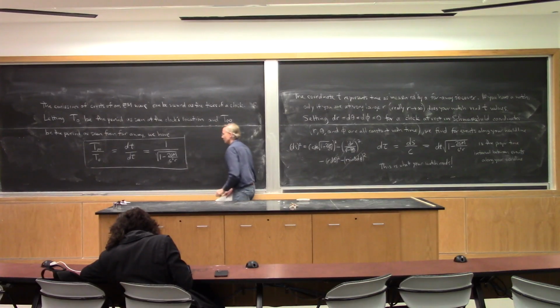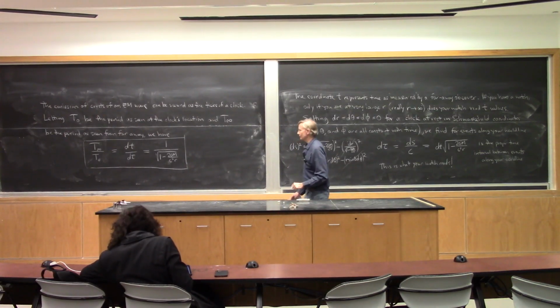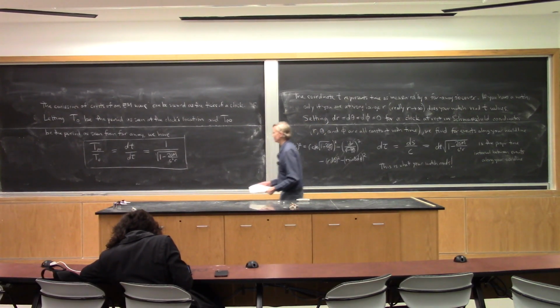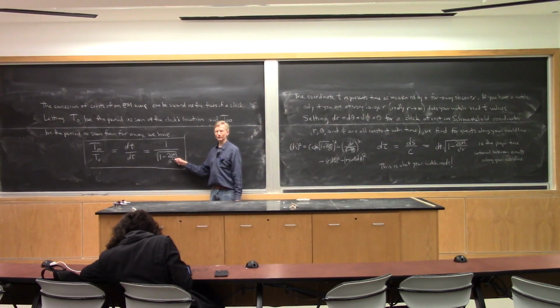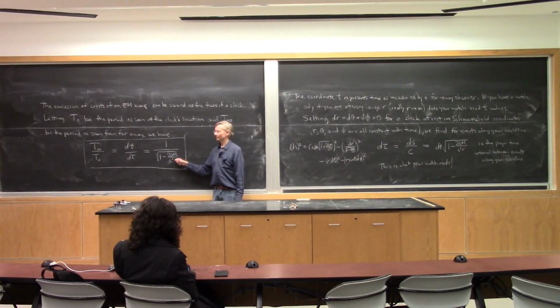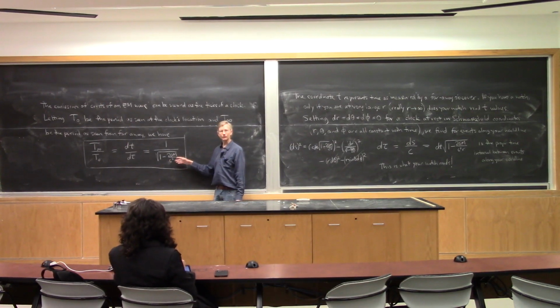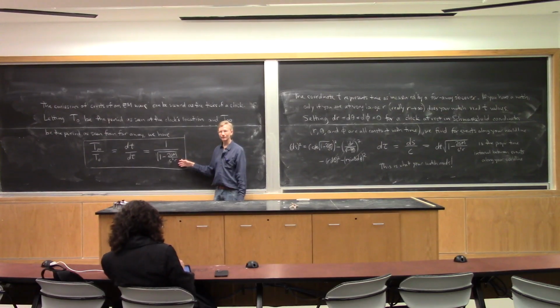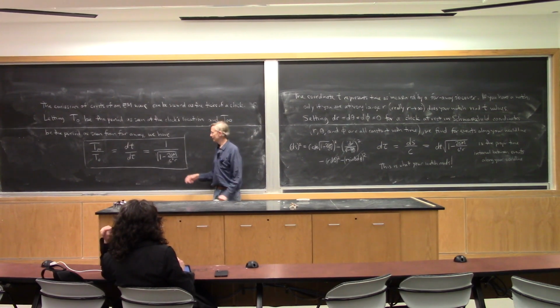Okay, what's bigger, T infinity or T naught? Well, the square root, is that bigger or smaller than 1? Taking the square root of 1 minus something, the square root itself is less than 1. So 1 over the square root, bigger than 1 or less than 1? Bigger than 1.